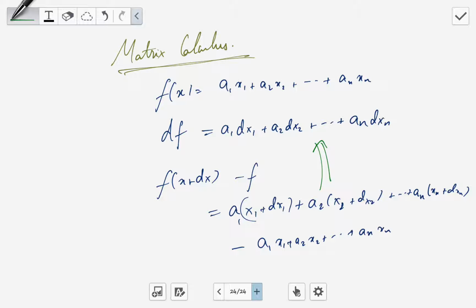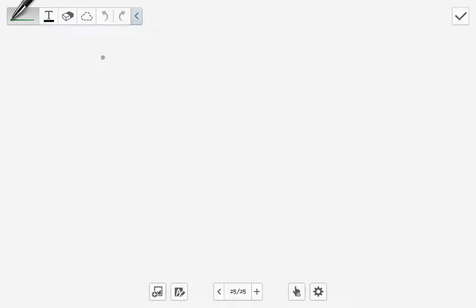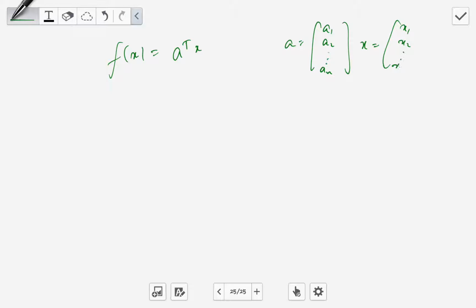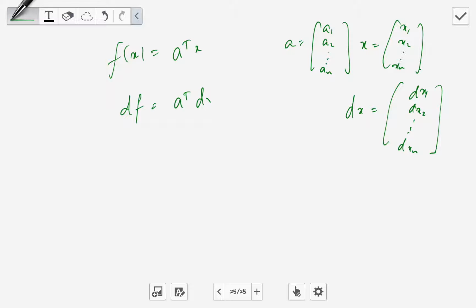Let us try to comprehend this in vector notation. f of x is given as A transpose x, where A is a1, a2, so on up to an, and x is x1, x2, so on up to xn. Let us define a vector dx as dx1, dx2, so on up to dxn. So df will now become A transpose dx.